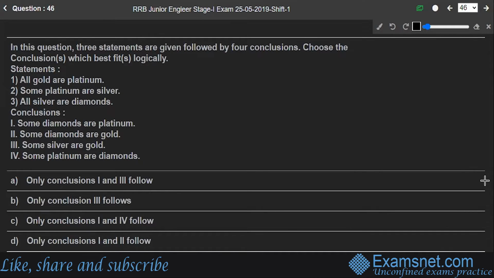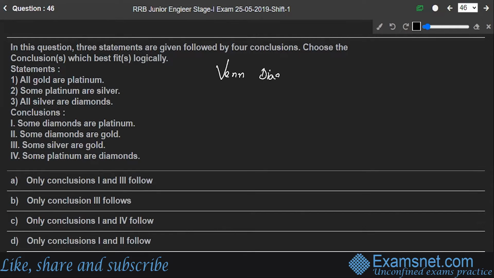In this question, 3 statements are given followed by 4 conclusions. You have to choose the conclusions which best fit logically. Statements: all gold are platinum, some platinum are silver, all silver are diamonds. Conclusions: some diamonds are platinum, some diamonds are gold, some silver are gold, some platinum are gold. To answer these types of questions, the best way to go is to follow your Venn diagrams.